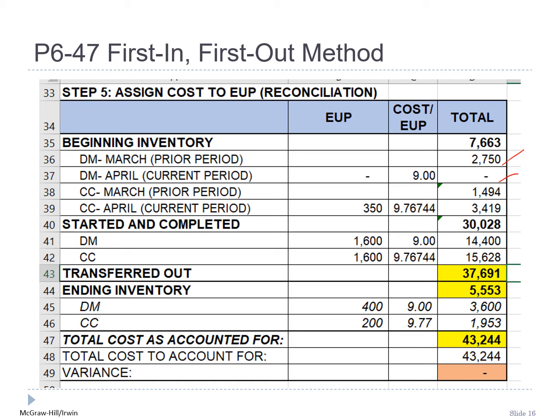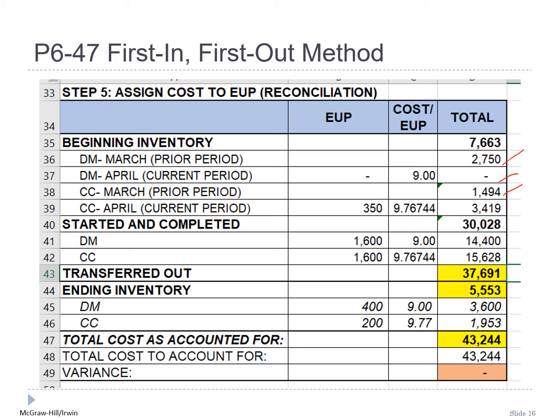So, yung conversion cost ng March prior period, sa kanya lahat yan, sa beginning inventory. So, ito yan. For April, nagdagdag tayo ng additional 150. So, itong 1,494, yan yung cost nung 150 na EUP nung last March. Yung 30%. So, yung 70%, 350 yun. So, ang cost this month is 9.76744. So, pwede nyo i-round off.